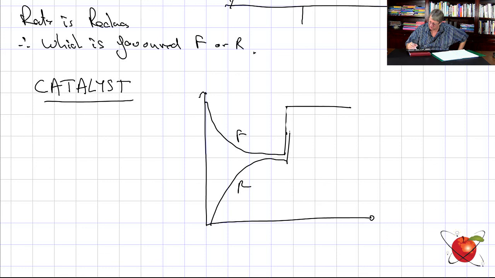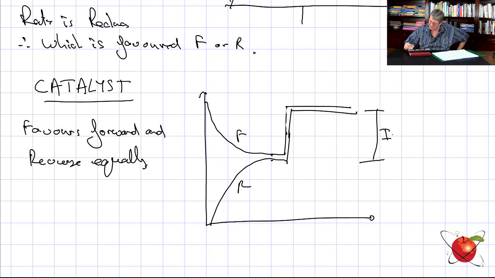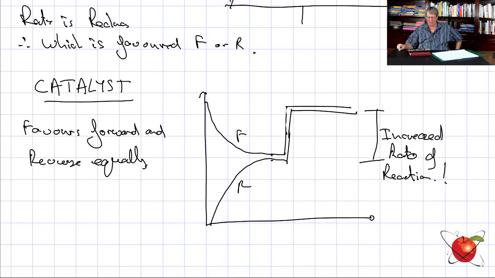Basically, the equilibrium has just gone up to that point because a catalyst favors forward and reverse equally. All you've done here is you've increased the rate of the reaction. That is what we've done on there, like so.